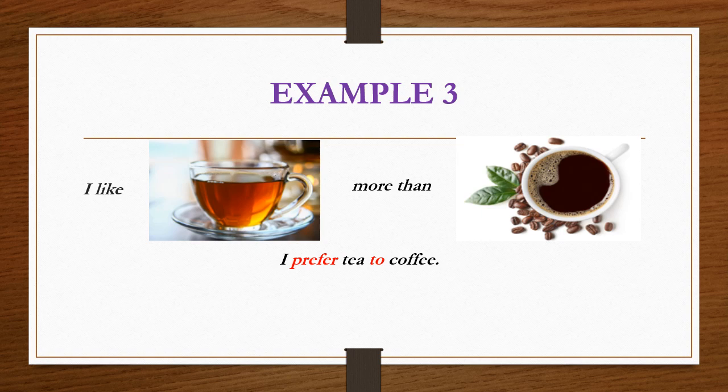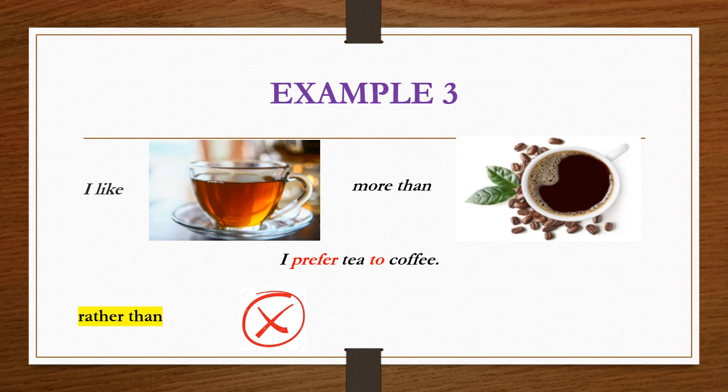The sentence that you can see on the screen is one sentence that is spoken grammatically incorrect by most of the people, because most of the people end up using I prefer tea rather than coffee, which is wrong.